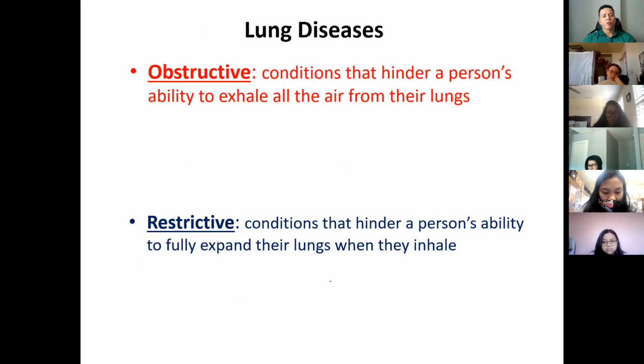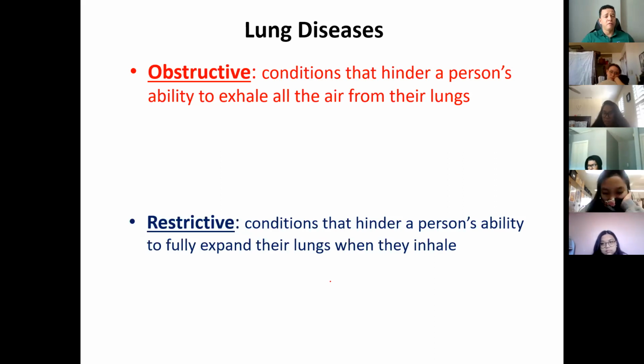That is different from what we call restrictive lung diseases or restrictive lung conditions. In restrictive lung conditions, the individual has a difficult time fully expanding their lungs when they inhale. They take a deep breath, but it feels like they couldn't fully expand their lungs.